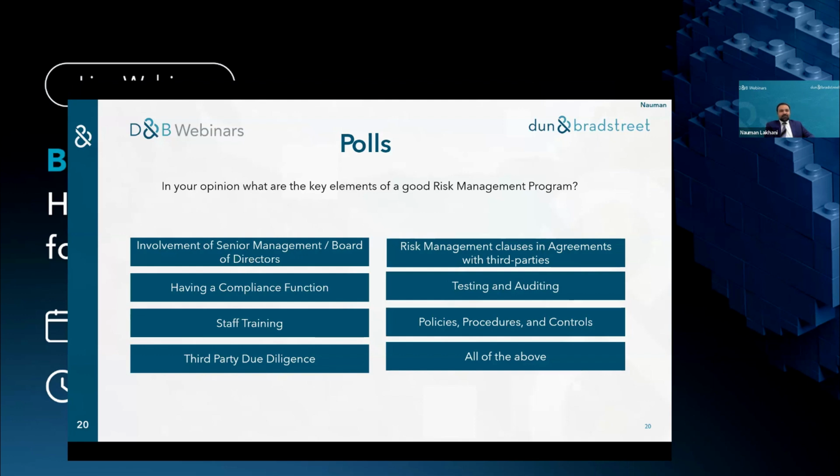Okay, and the results should be in front of you. So we do see that the majority of the respondents have mentioned that all of the above, meaning all of these things in some capacity or the other, do have an impact as key components of a risk management program. But we do also see that the second highest vote count has gone to having adequate policies and procedures and controls in place as well.